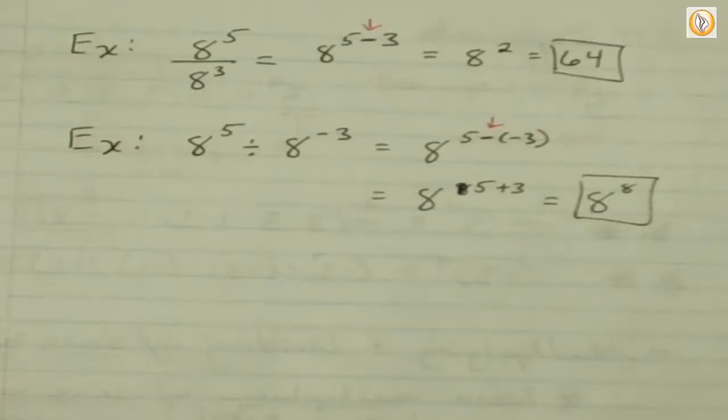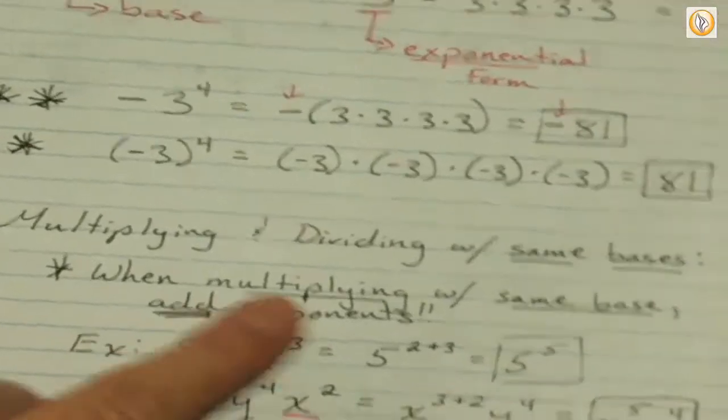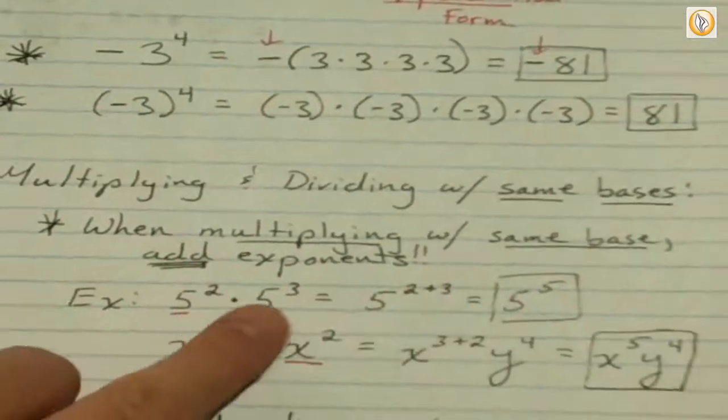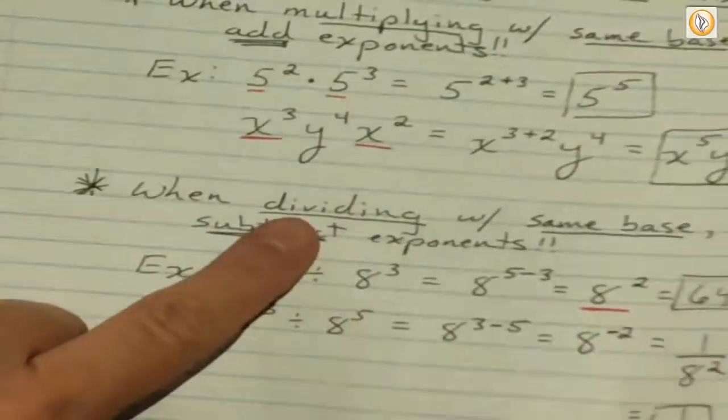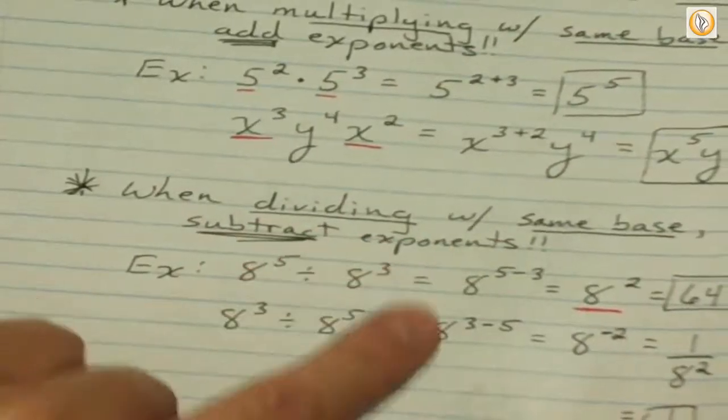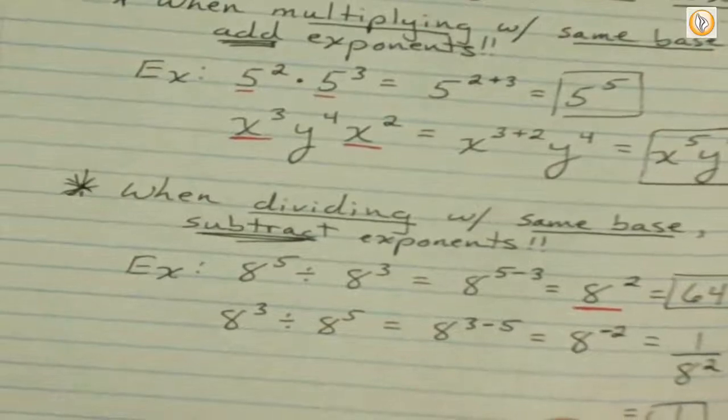If we're multiplying and the bases are the same, we add the exponents. If we're dividing and the bases are the same, we subtract the exponents. Need to have that memorized.